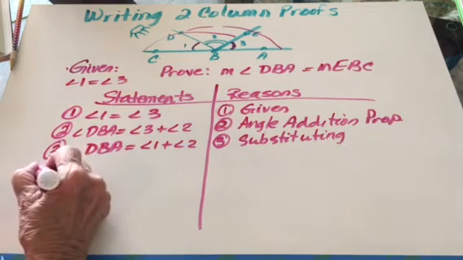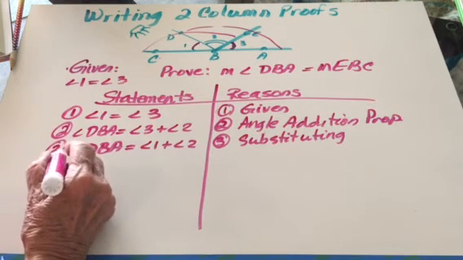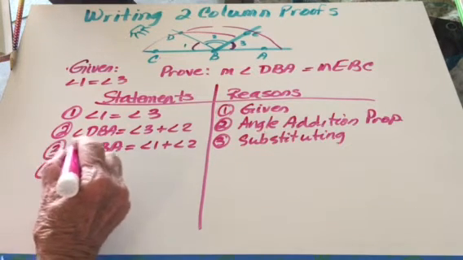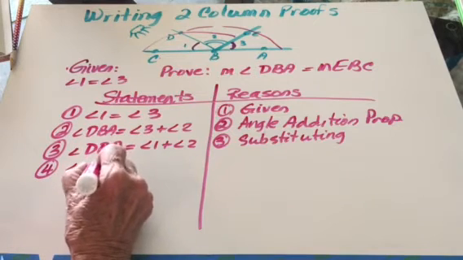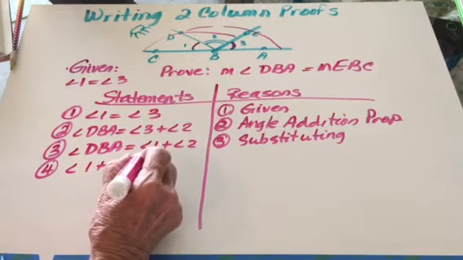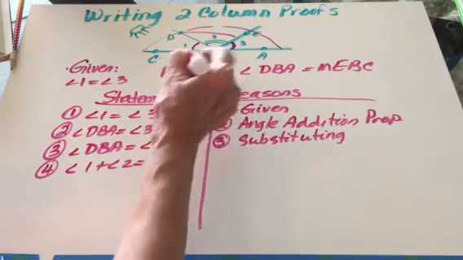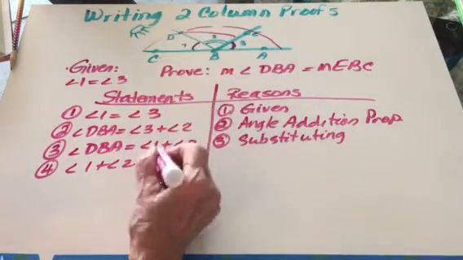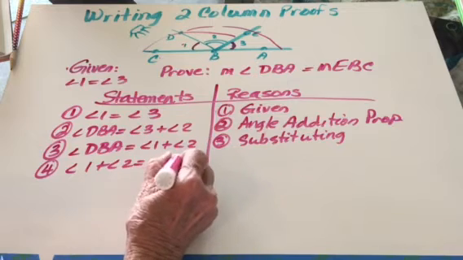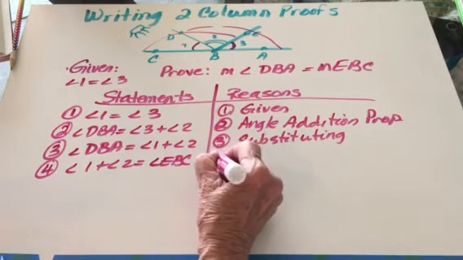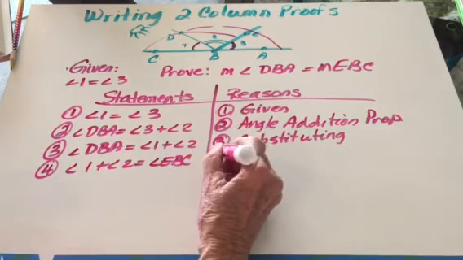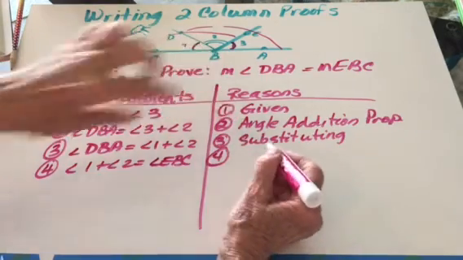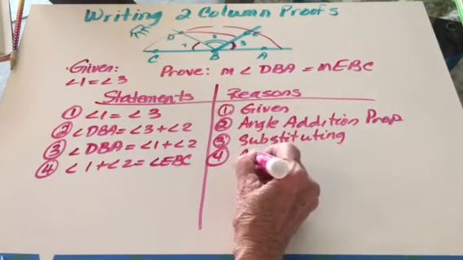All right, now we've got that in there. All right, so number 4, we can say that measure 1 plus measure 2 equals EBC. See that? Why can we say that? Same as this, angle addition.